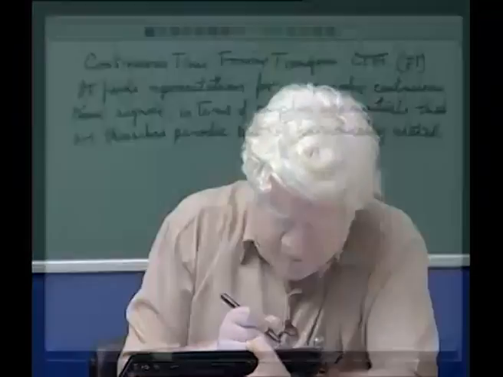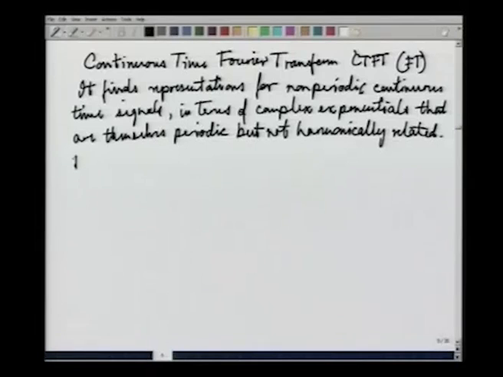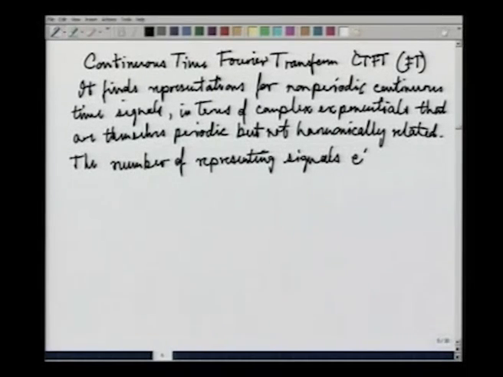Secondly, the number of representing signals, that is the number of signals we use for representation, namely the complex exponentials e to the j omega t, is uncountably infinite.